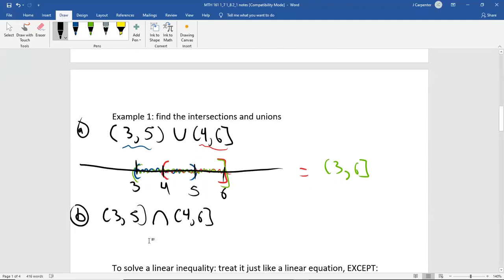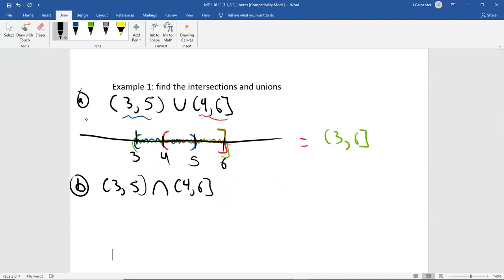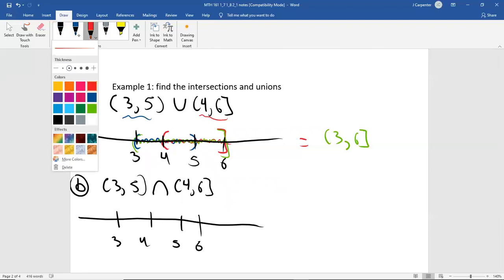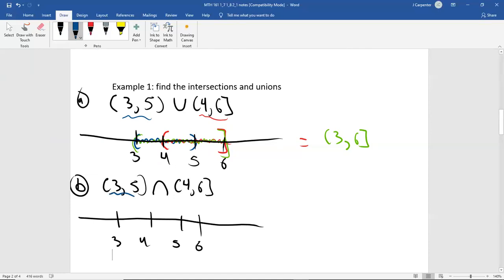All right, so once again, let's do a number line. I think I'm only going to have time to do one of these, so an A and a B. 3, 4, 5, 6. Don't worry about my uneven spacing. In blue, we'll do the (3, 5) again, and in red, we'll do the (4, 6] again, exactly the same.